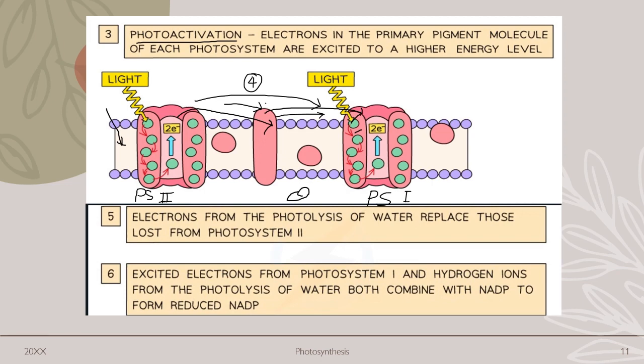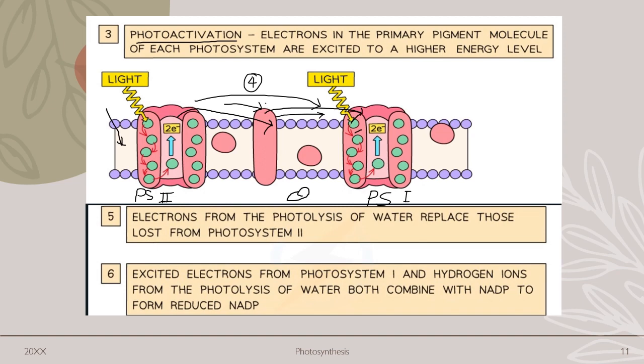When photolysis occurs, hydrogen ions, electrons and oxygen are released, and these electrons replace the electrons lost from photosystem 2. In the last step, the excited electrons from photosystem 1 and the hydrogen ions from the photolysis of water both combine with NADP to form reduced NADP.